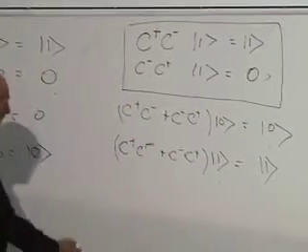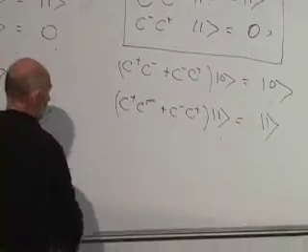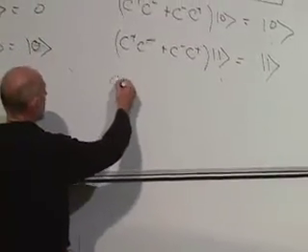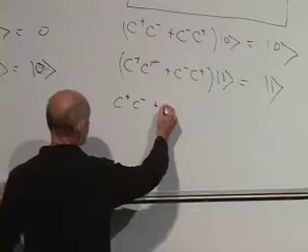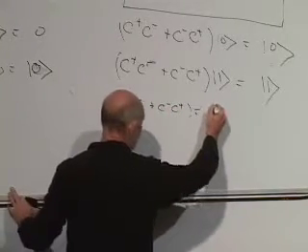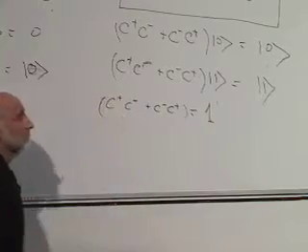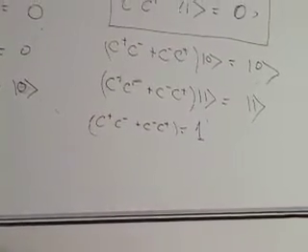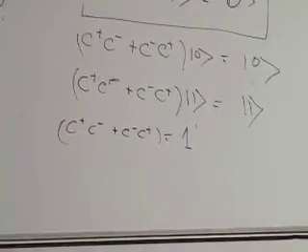So that's written in operator notation by saying C plus C minus plus C minus C plus is equal to the unit operator. It just gives back the same state, whatever it acts on.